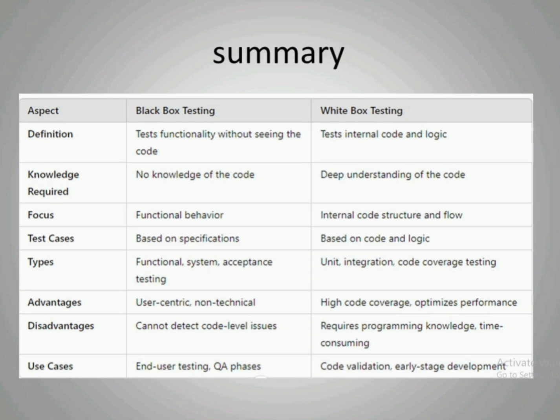Disadvantages. Black box testing cannot detect code level issues. White box testing requires programming knowledge, time consuming. Use cases. Black box testing, end user testing, QA phases. White box testing, code validation, early stage development.